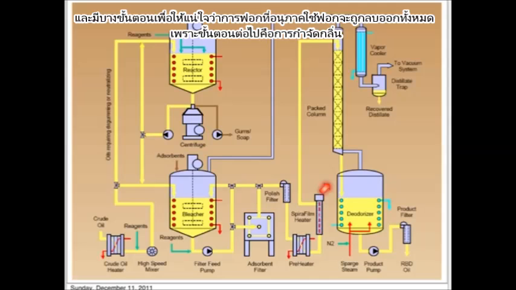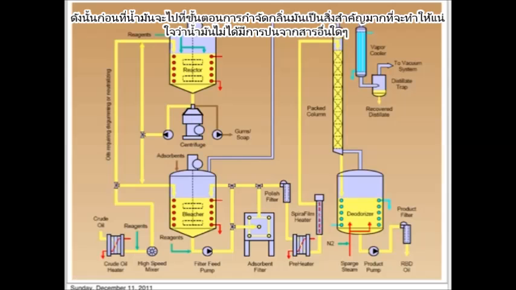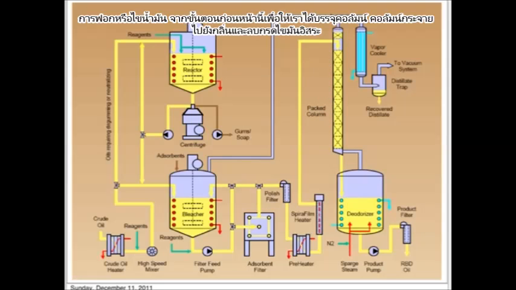Before the oil goes through the deodorization process, it's very important to make sure the oil doesn't contain any residual bleaching earth or soap from the previous step. Here we have a high pack column, which is the distillation column, to deodorize and to remove the free fatty acids and the volatiles from the oil.